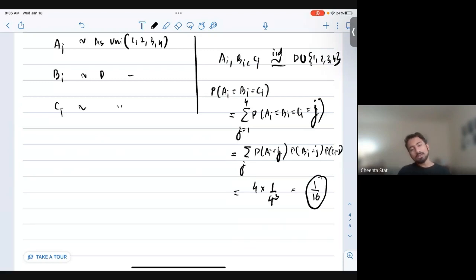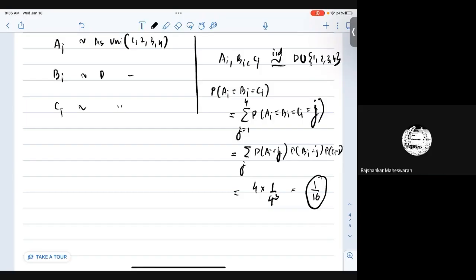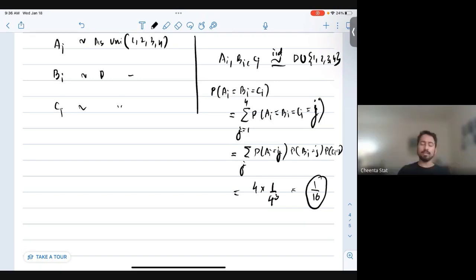Therefore, the probability that the answers to all of the problems are the same is one by 16 to the 30th power.